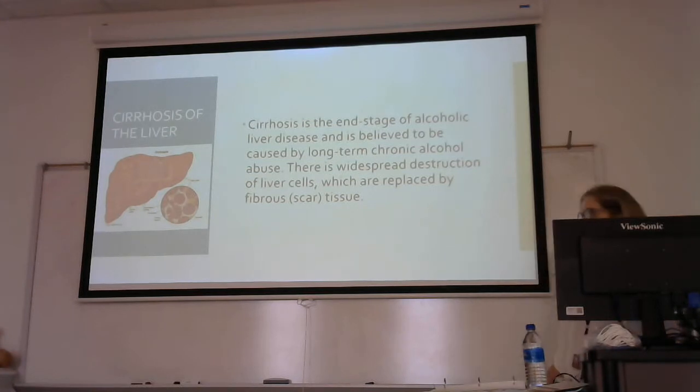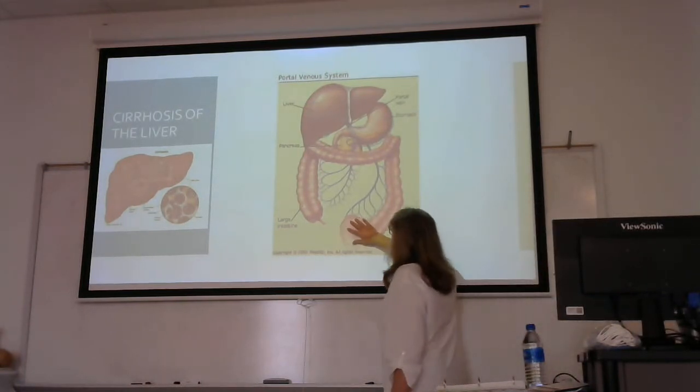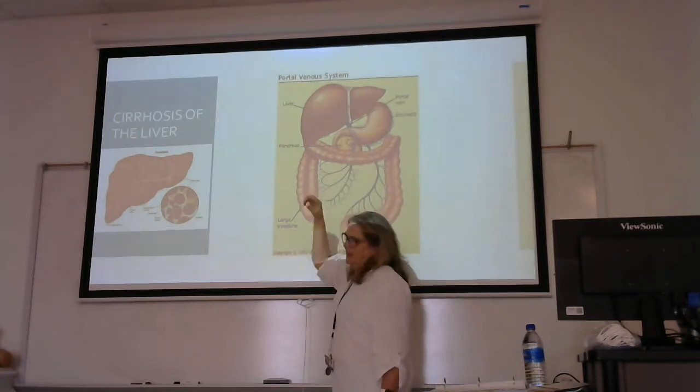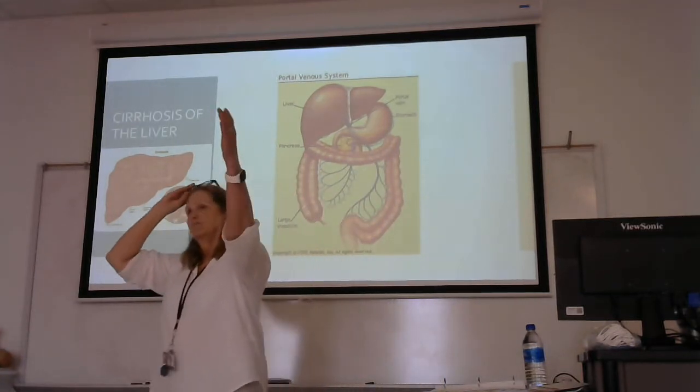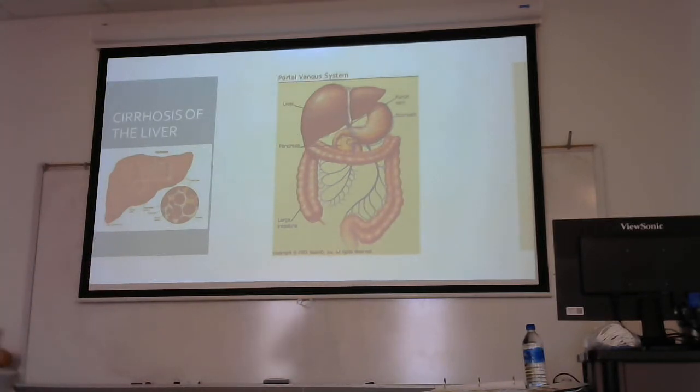Okay? As I said, it gets so fibrous and scarred that we can't really do anything. The liver can't do its job anymore. So think back to A&P and the portal venous system, and our portal vein, which collects blood from the GI system and takes it through the liver for that first pass. Cleans out bacteria, helps to metabolize drugs.